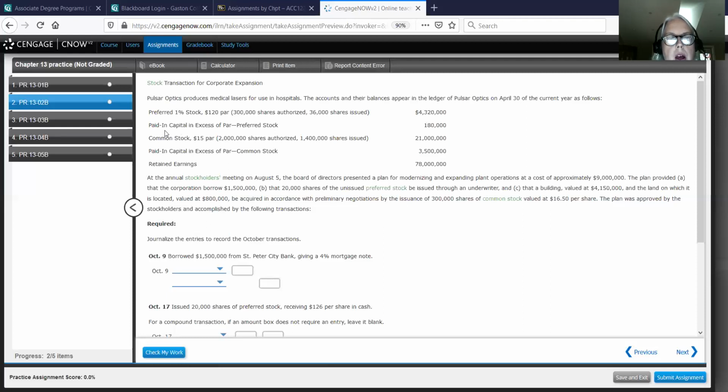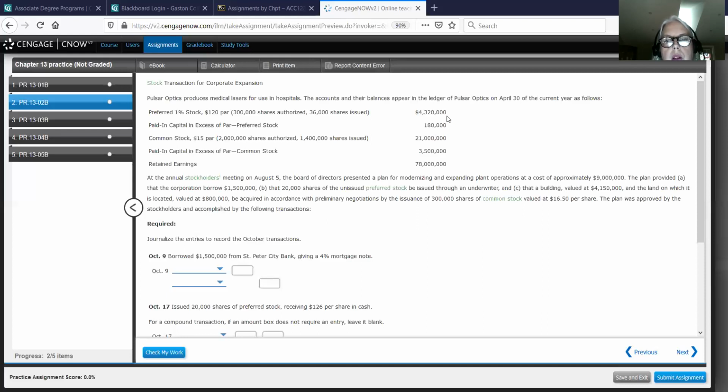This preferred stock also has with it a ledger account called paid in capital in excess of par for the preferred stock. And what that means is that when you sold the stock, you sold it above the par value. The excess of the amount that you sold it above the par value is the paid in capital in excess of par, and it's $180,000 for this particular company.